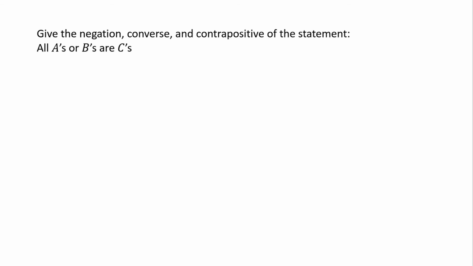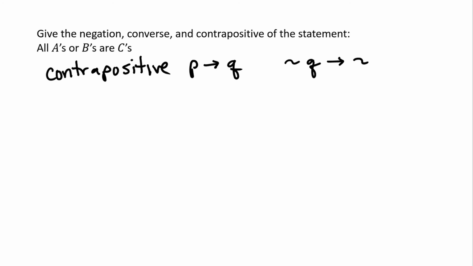Give the contrapositive of the statement. The contrapositive of P implies Q is not Q implies not P. And the contrapositive of a statement is equivalent to the original statement.